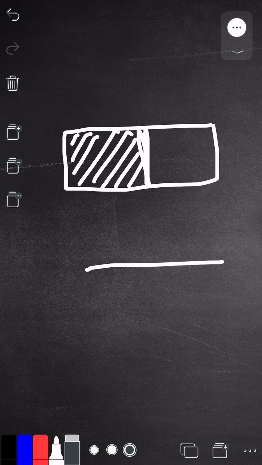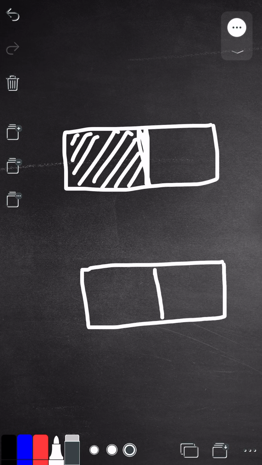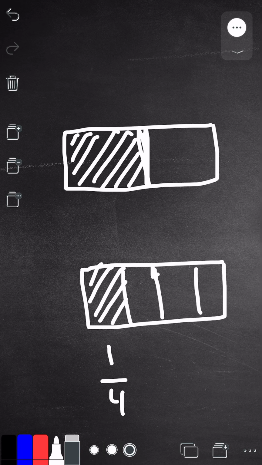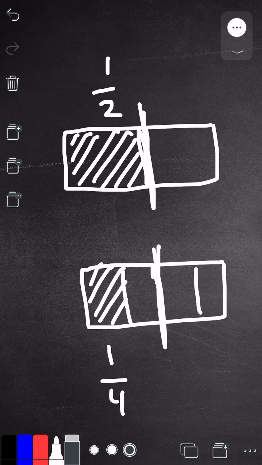The other rectangle is the same as the first one. I cut it into 4 equal parts, 4 quarters, all right? But I colored only 1/4. So here I have 1/4, and here I have 1/2.